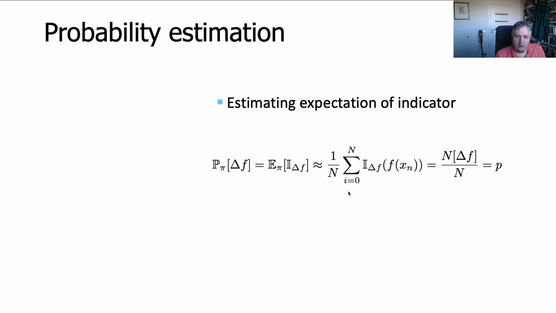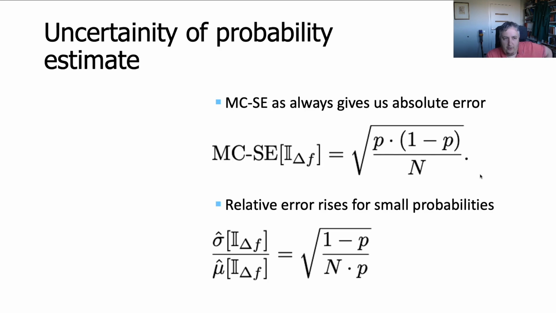However, the estimator of the indicator function, using the Monte Carlo estimator we've defined before, is the average of values of the indicator function computed at given values of samples. And because this always results in either 1 or 0, this sum will be equal to the number of samples located in the set delta f divided by n, and that will be our probability estimator.